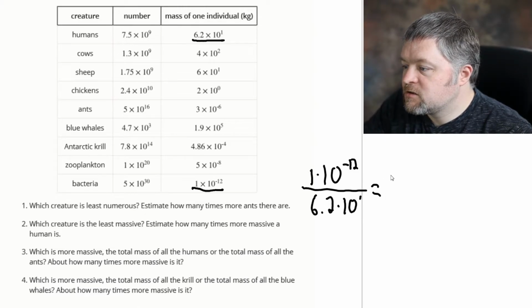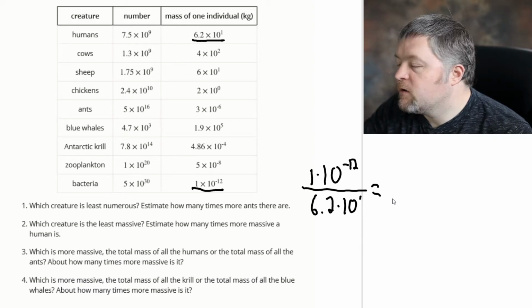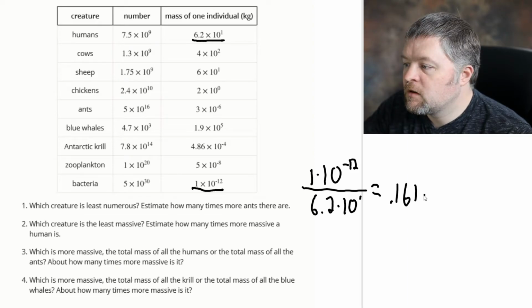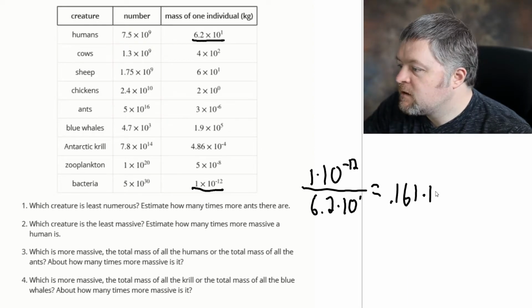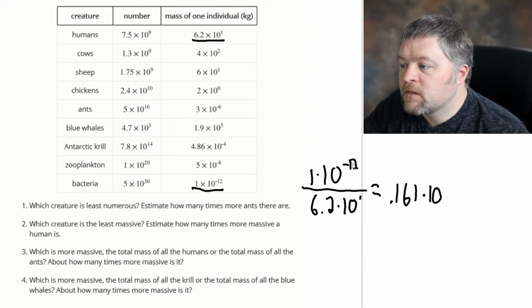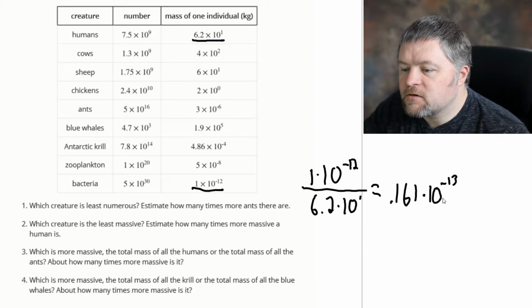Divide the numbers. 1 divided by 6.2 is 0.161 times 10 to the power of, now we have to subtract the exponents. Negative 12 subtract 1 is negative 13.